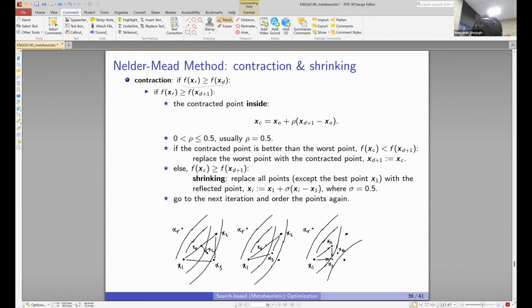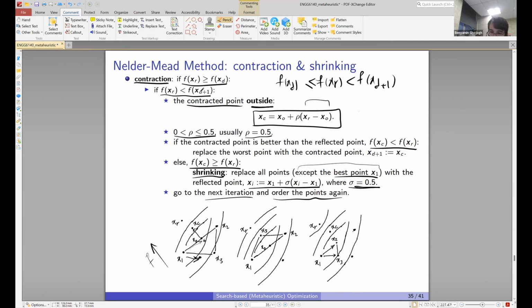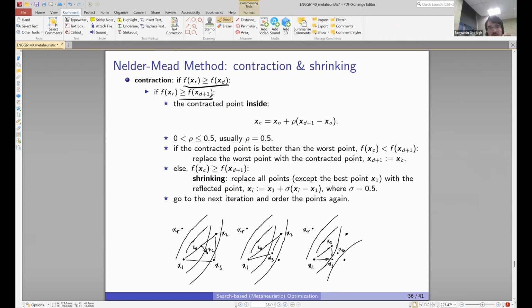Now this case, if f of xr is greater than or equal to f of xd plus 1, the next stop case. So the same case where xr is worse than x1 to xd, but it's also worse than the worst point.